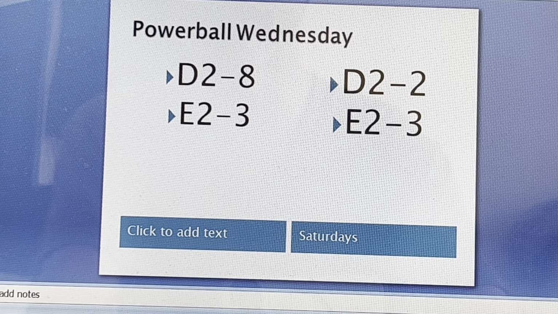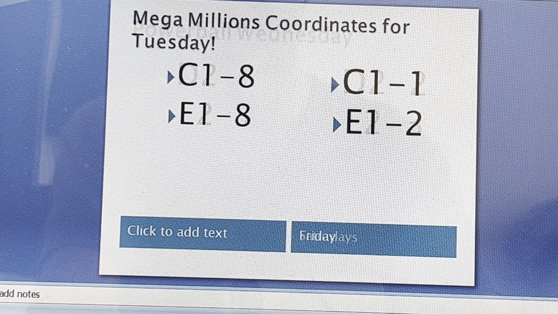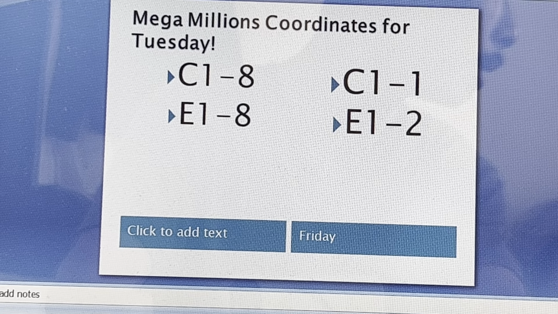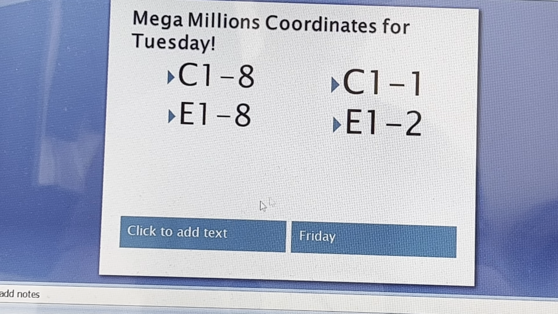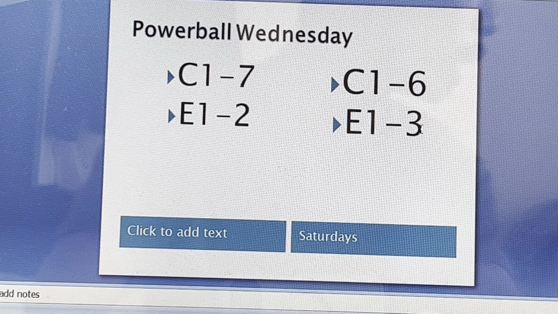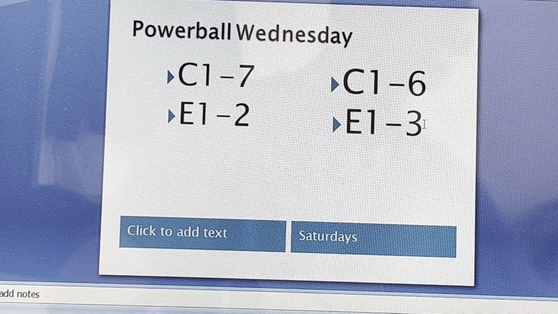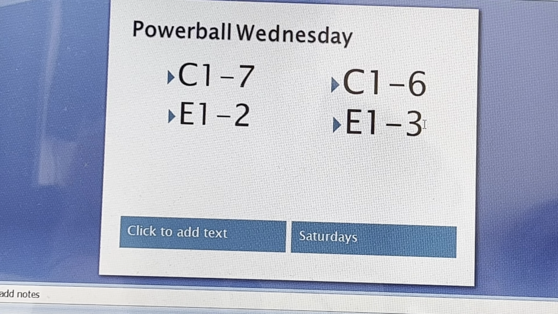Let's see where I did wrong. So let's go back up to see where I did. Look at the E's. E1. Yeah, this is where I made a mistake. E1 is 8, not 3.